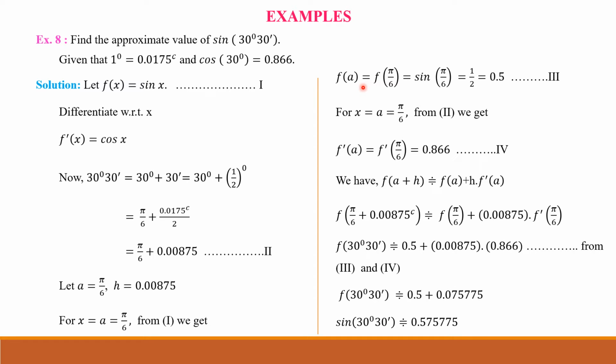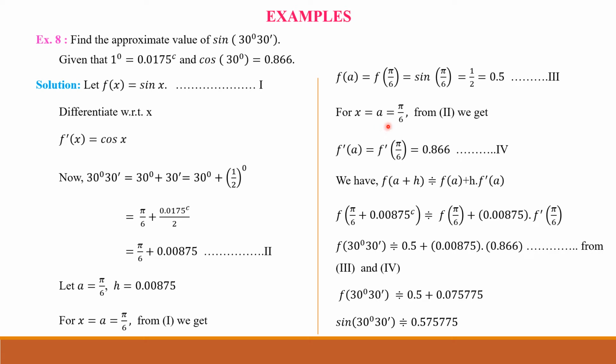For x equal to A equal to pi by 6, from 1 we get f of A, that is f of pi by 6, equal to sin pi by 6. Sin pi by 6 means sin 30 degree. Value of sin 30 is 1 by 2, equal to 0.5.